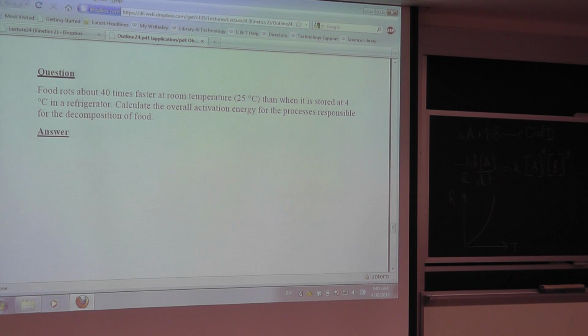Does it matter whether it's temperature 2 minus temperature 1 or temperature 1 minus temperature 2? I mean, you've got to get the equation right. Because here they went K2, but what we did was K1. It doesn't matter. So you either go this minus this or this minus this.